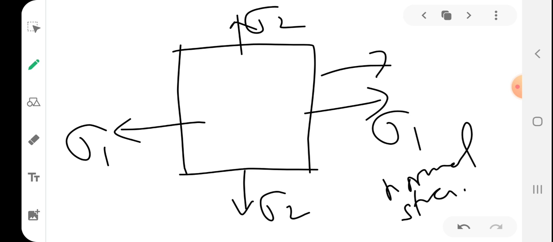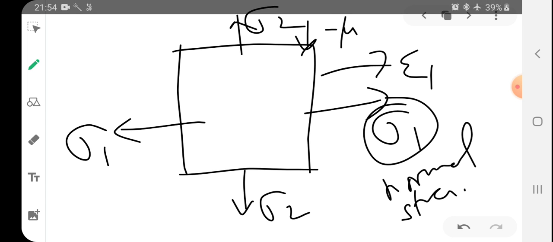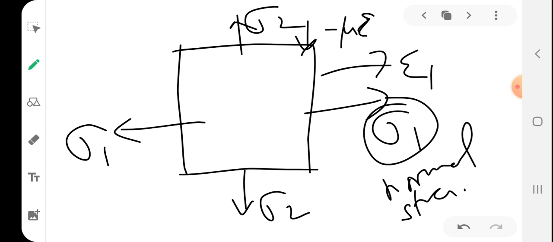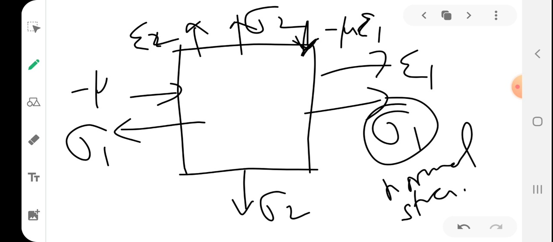So epsilon 1 in the x direction due to sigma 1, and a minus mu epsilon 1 in this direction due to sigma 1. Similarly, epsilon 2 in this direction and minus mu epsilon 2 in the x direction.